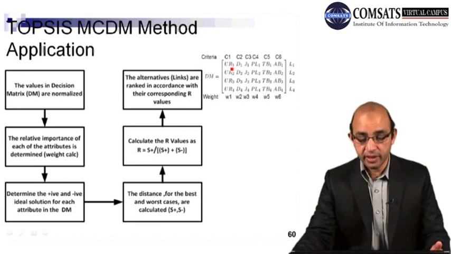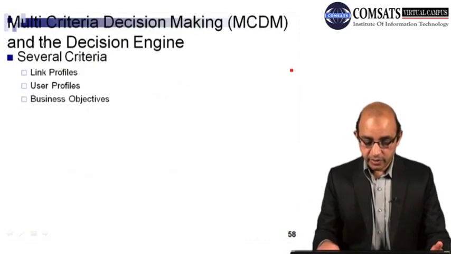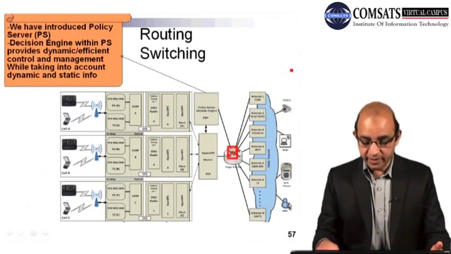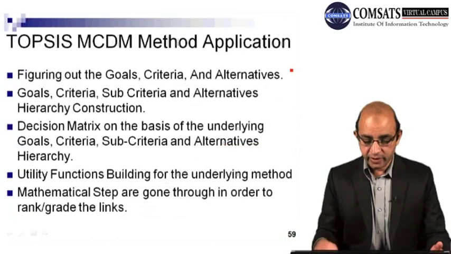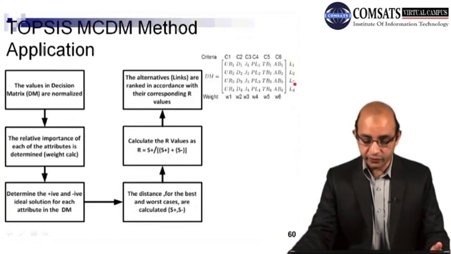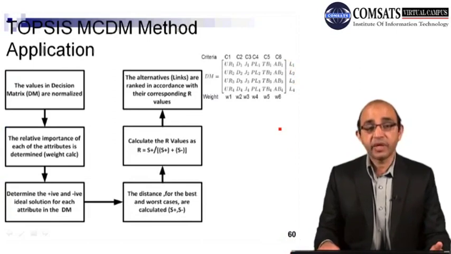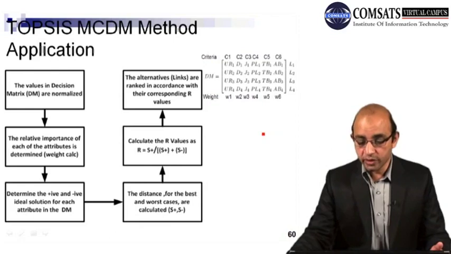Utilization ratio, delay, jitter, packet loss, total bandwidth, available bandwidth. And if I go back, here we have different links, Link 1, Link 2, Link 3, Link 4. So the decision making matrix, right, and all the criteria are assigned different weights.